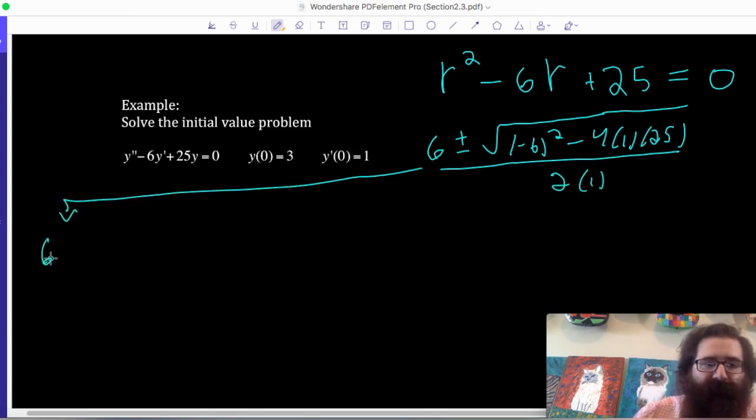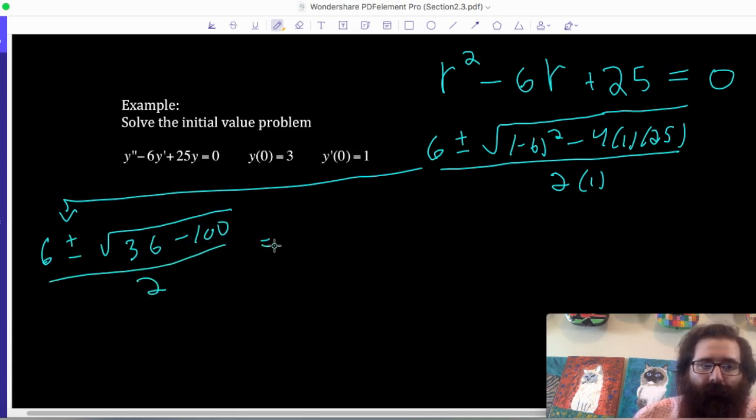And that's going to give me 6 plus or minus the square root of 36 minus 100, which gives me negative 64, all over 2.